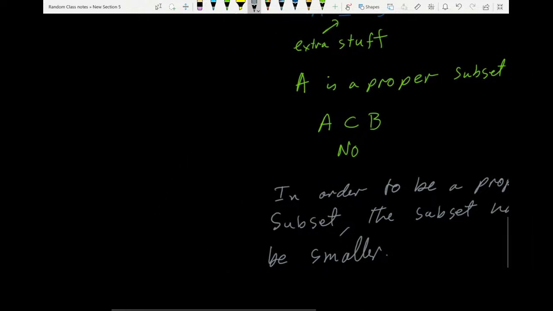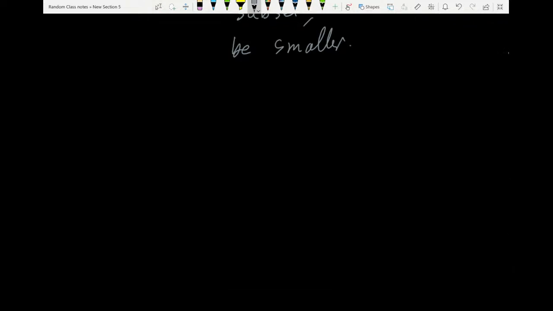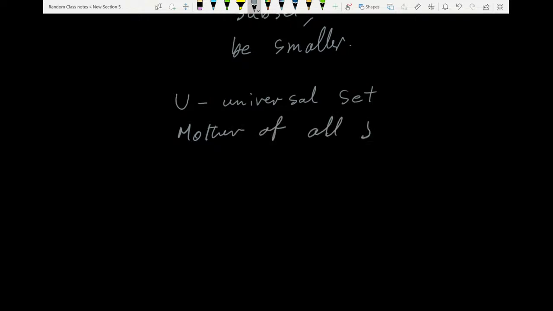All right. So now we're going to look at universal set, intersection, and that. This is U, the universal set. It's like the mother of all sets. So let's use this symbol.